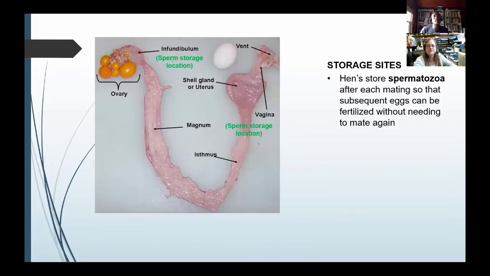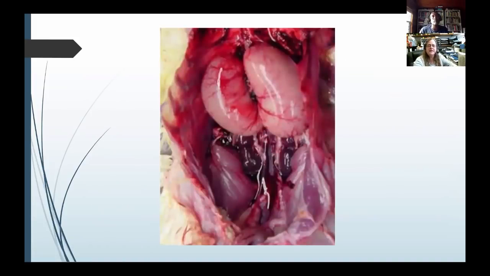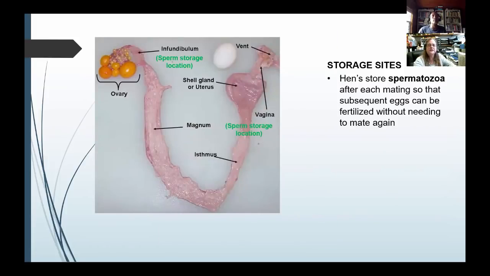There are sperm storage sites in the vagina and in the infundibulum. The infundibulum is where the fertilization takes place, and you can see that the sperm have to make it all the way up through the oviduct to get up to the infundibulum in order for fertilization to take place.